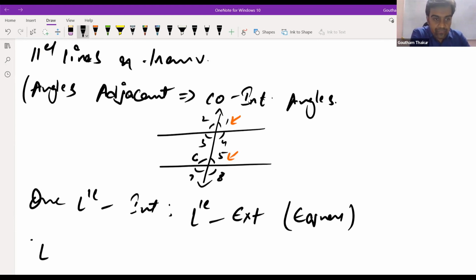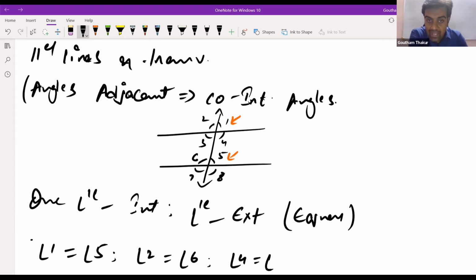That is, angle 1 is equal to angle 5 and angle 2 is equal to angle 6. And angle 4 is equal to angle 8. If you observe it carefully, angle 4 is interior, angle 8 is exterior. And over here, angle 3 is interior, angle 7 is exterior.